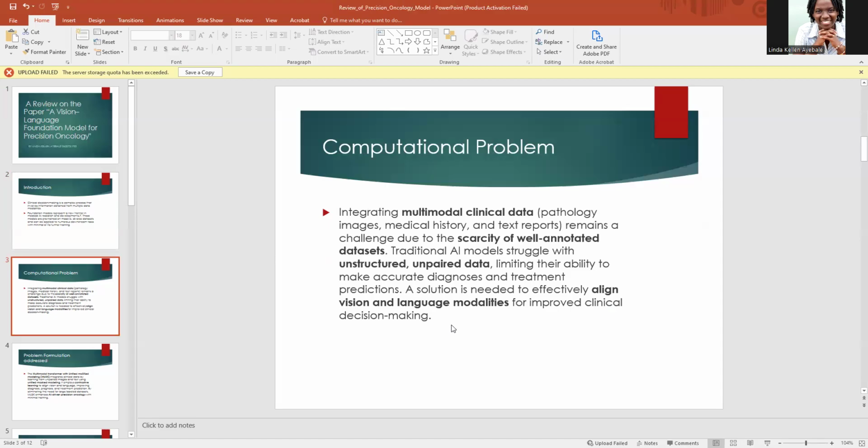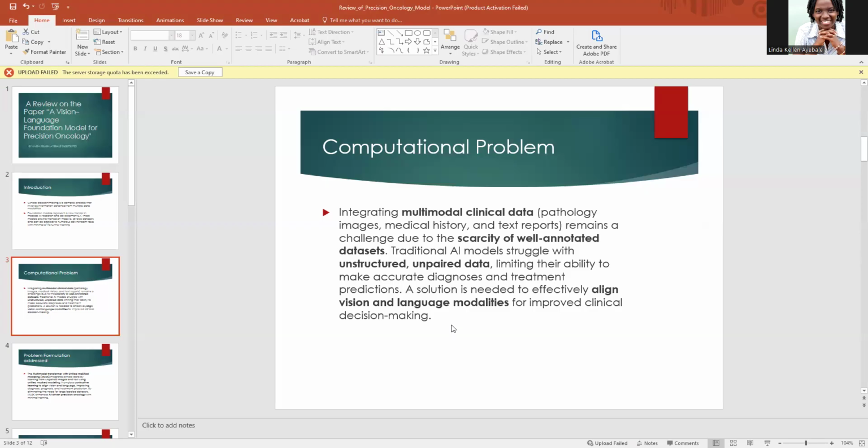The biggest problem addressed in this paper is that integrating multimodal clinical data like pathology images, medical history, and text reports has been a very big challenge due to scarcity of well-annotated data sets. Traditional AI models struggle with unstructured and unpaired data, and this limits their ability to give accurate diagnosis and treatment predictions.